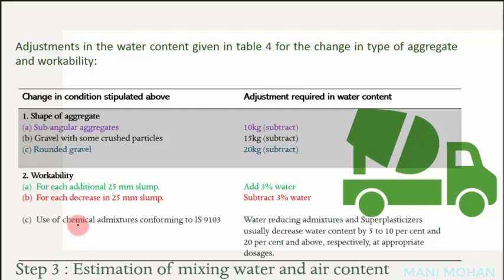In case you add a chemical admixture in order to improve workability, using a water reducer or super plasticizer, in case of a water reducer, the water content can be reduced by 5 to 10%, whereas if you use a super plasticizer, then you can reduce the water content by up to 20%.